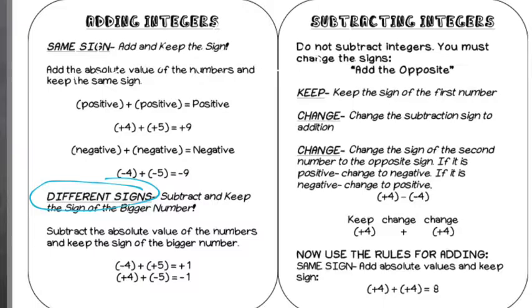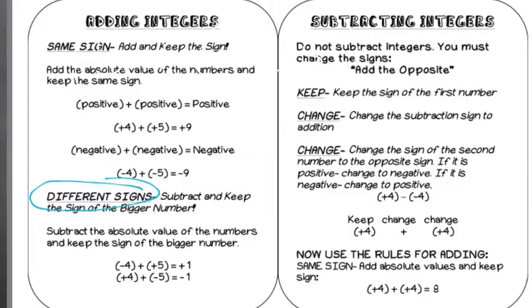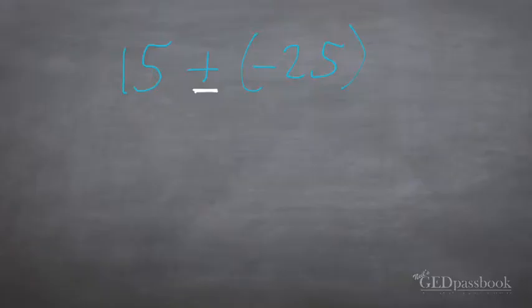Did anybody write down the original problem that I had right before I put this picture up? 15 plus minus 25 parentheses. 15 plus negative 25? Okay. So, is this an addition problem? Yes, it is. It's adding integers, which means you should be looking at this section right here. So it's an addition problem.